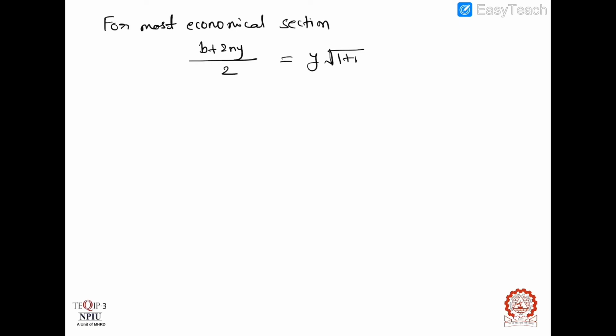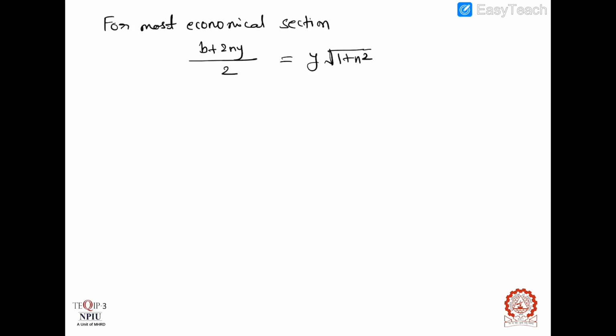See, half of top width for the most economical section: b plus 2ny divided by 2 is equal to y root over 1 plus n square.